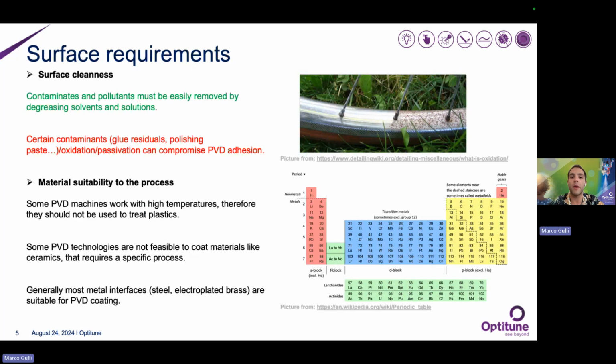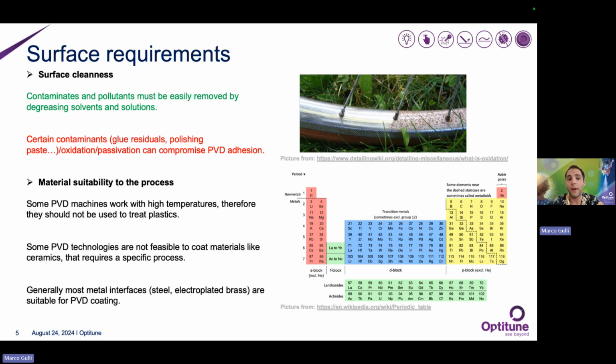Of course, we know that PVD is a really flexible technology which can be applied to different kinds of surfaces, but this, of course, would come with some requirements. For example, the level of contaminants and pollutants on surfaces should be reasonable, and these particles should be easily removable with cleaning processes at an industrial level.